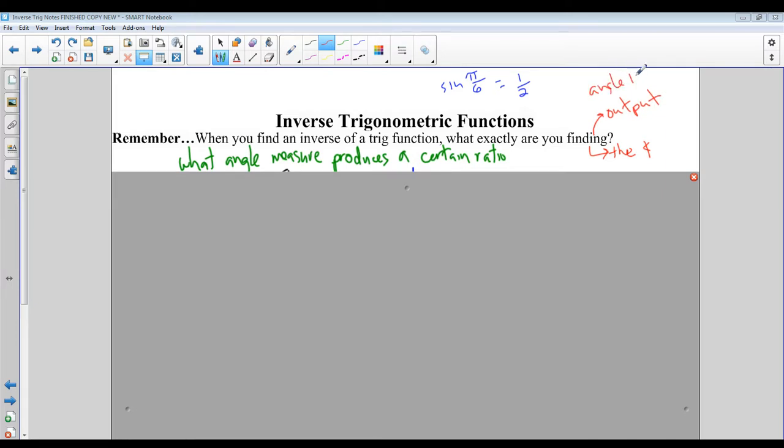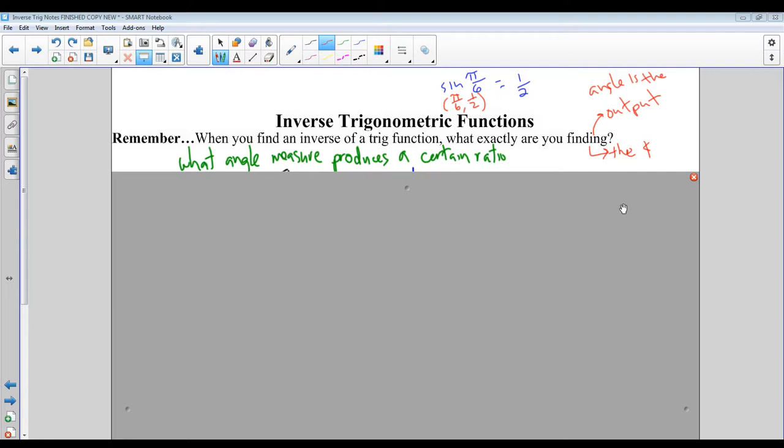The angle is the output and the ratio is the input, as opposed to the other way around. Normally our ordered pairs are like pi over 6 comma 1/2 if this was the sine function. On the sine curve, the input would be pi over 6, and the output would be the ratio that is produced by that angle.